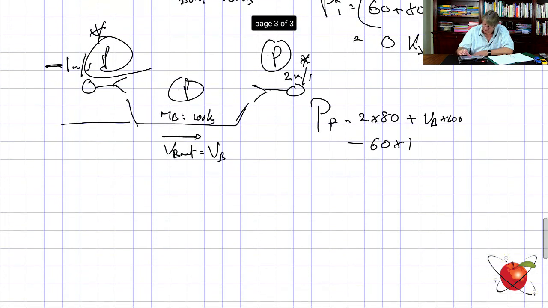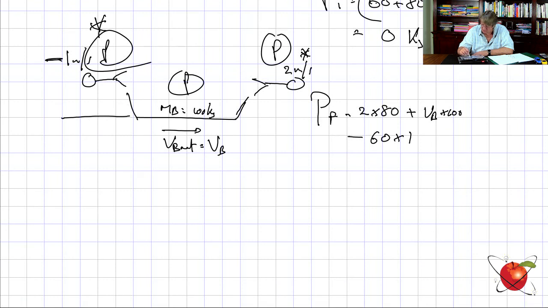The last step of this is what are we going to do? We're going to put P initial equals P final. Therefore, 160 minus 60. So P final is 160 there, minus 60 is 100, plus 100 V boat.